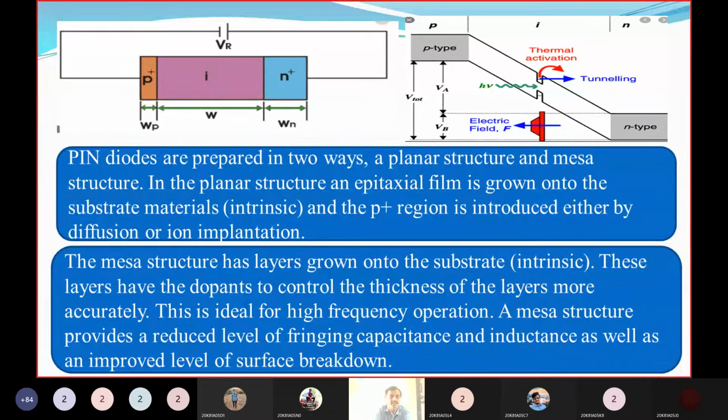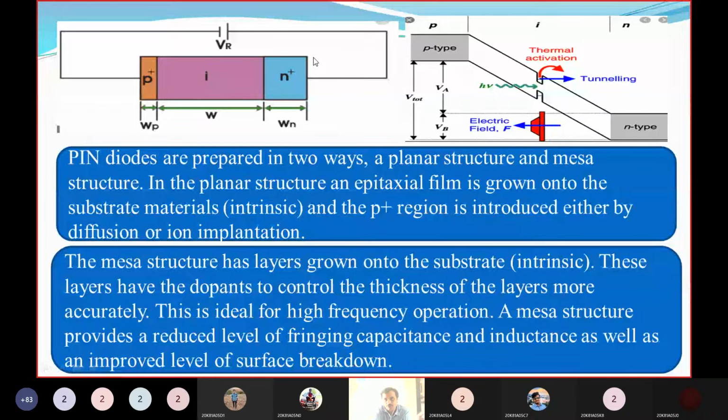That is the advantage compared to the PN diode. The width of the depletion layer is high, so it captures more light or high intensity of light, and more light means the current passing is also high. That is the main advantage of the PIN diode.